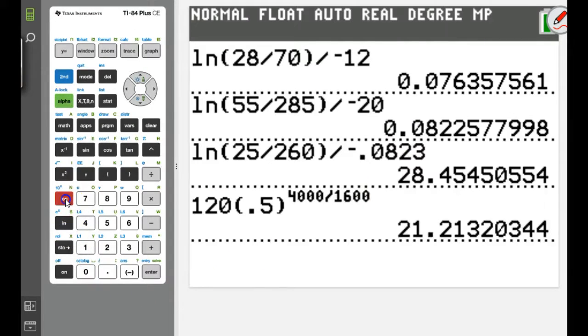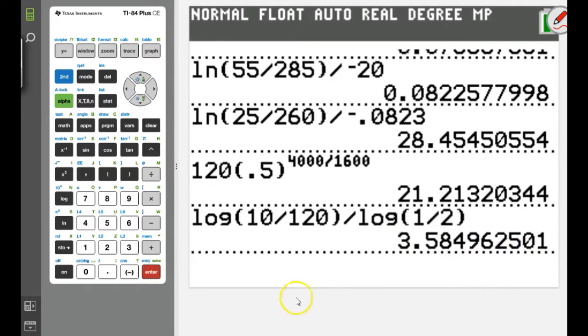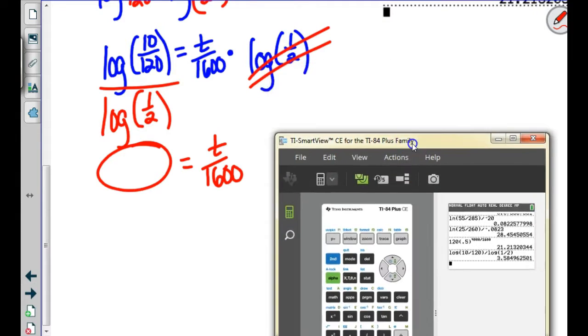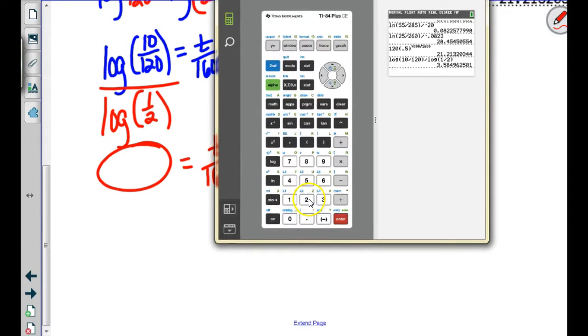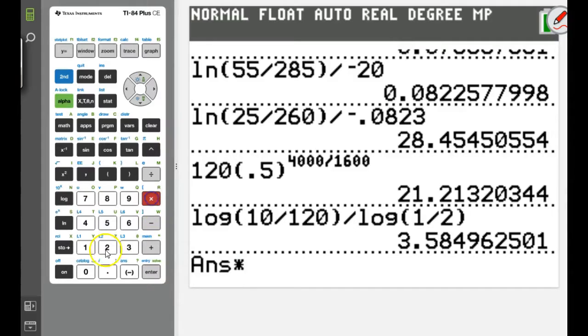So I have log of, what was it, guys? Divided by the log of 1/2. Which you could just use 0.5, that's fine. Okay, and I get this crazy decimal. And then to get rid of that divided by 1600 on the other side, I have to take that crazy decimal and multiply by 1600.